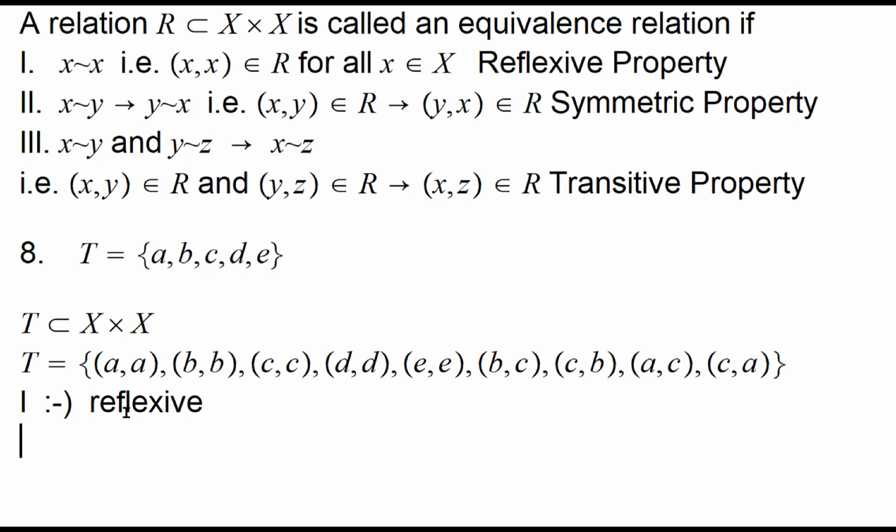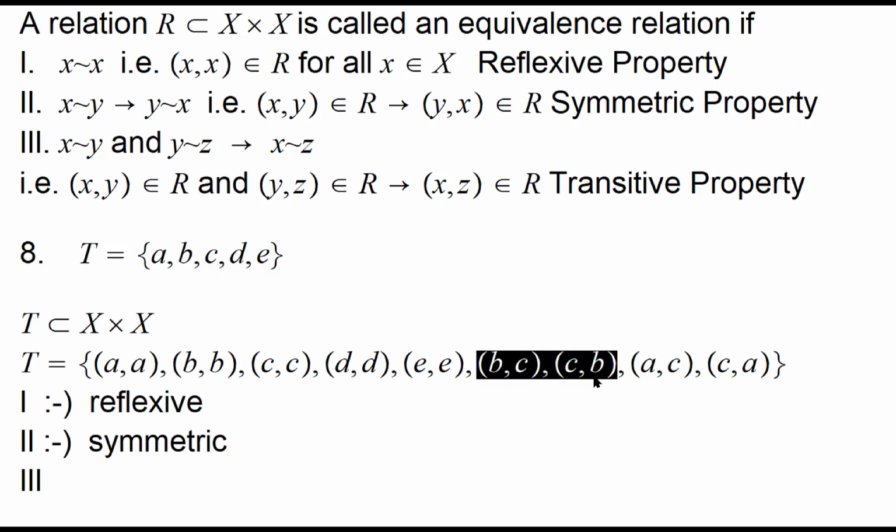And then for part 2, BC shows CB is in there, and if AC is in there, then CA is in there as well. And we can just do an observation and check that this is symmetric. Now for the third part, if BC and CB are there, you can see BB is there.